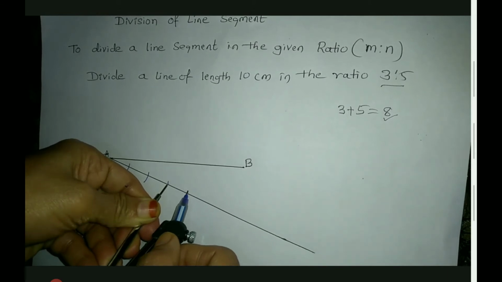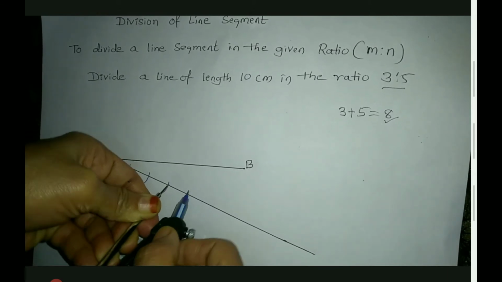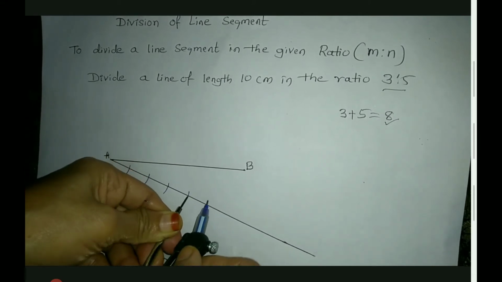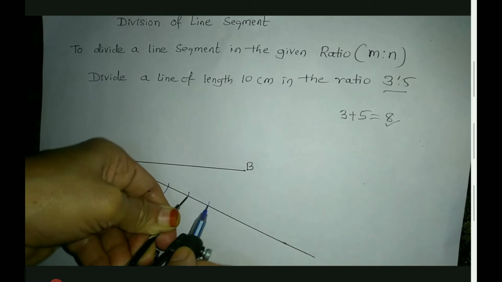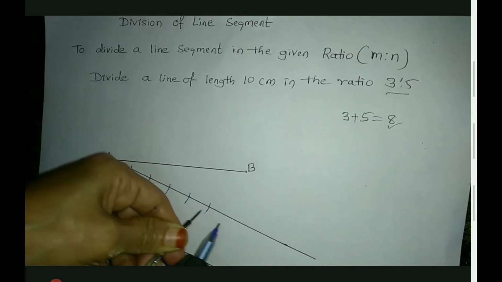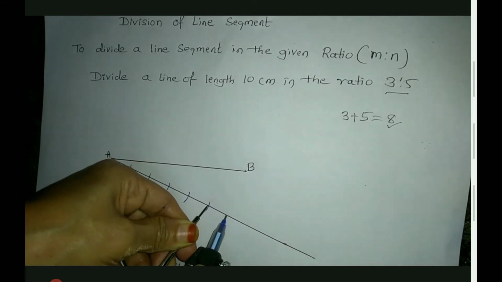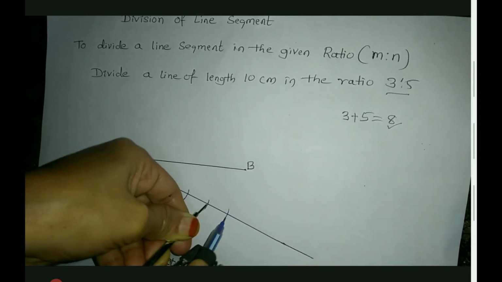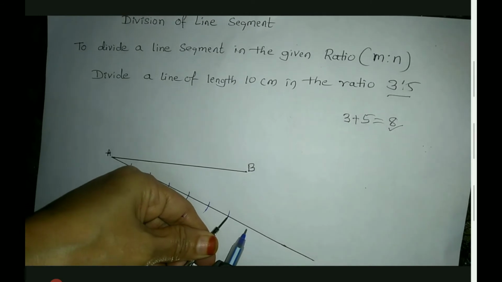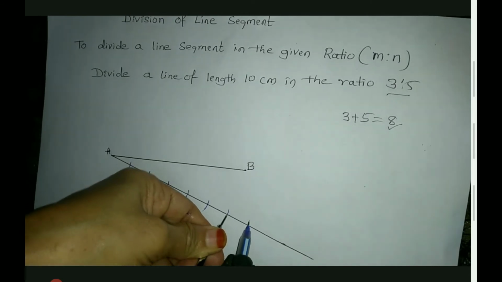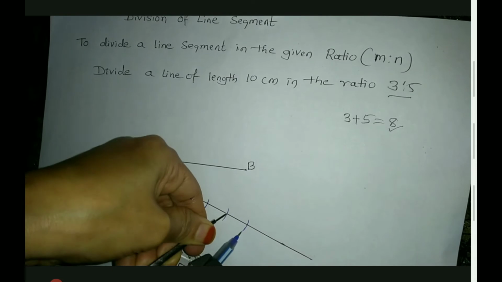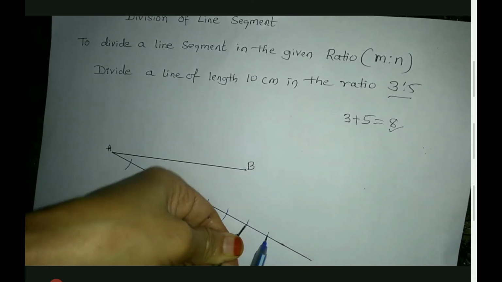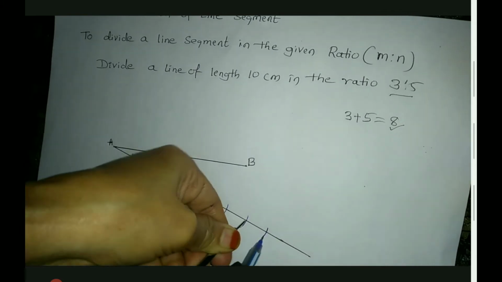Next, the fourth equal part. Then the fifth equal part. Next, the sixth part. Next, the seventh part. Next, the eighth part. Here there are 8 equal parts.